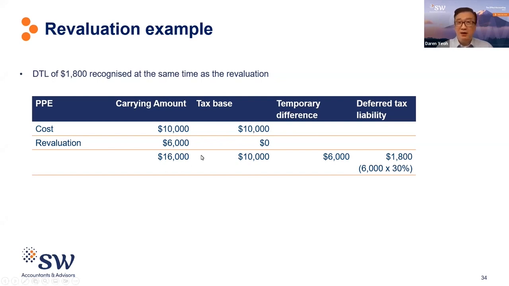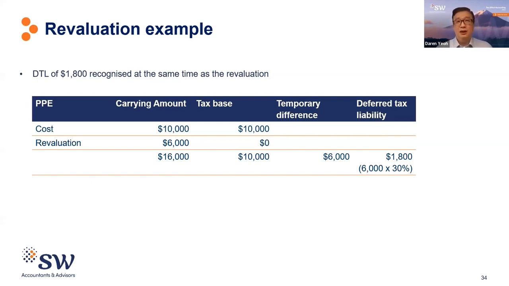Therefore, you have a carrying amount of 16,000 and a tax base of 10,000, giving rise to a taxable temporary difference of $6,000, which means that you have a deferred tax liability of 6,000 times 30%, or 1,800. So you know that you're going to credit your deferred tax liability by 1,800. The question is, what do you debit?